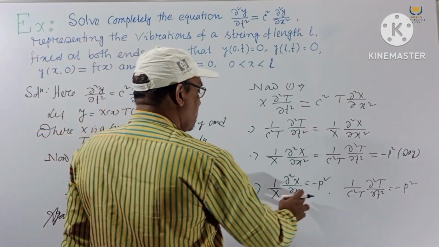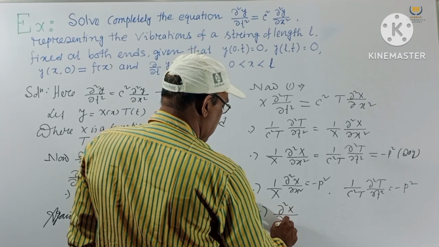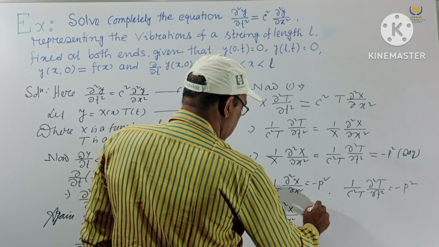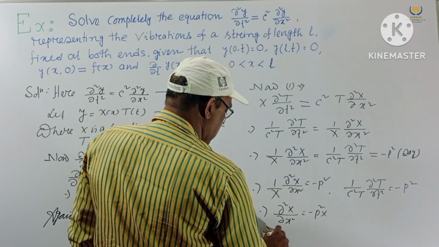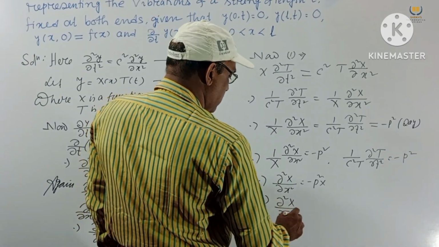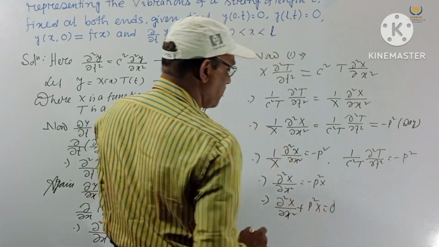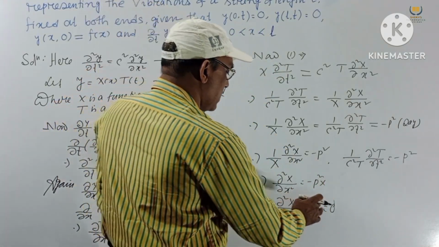Multiplying on the right hand side, ∂²X/∂x² minus p²X, taking this to the left hand side, ∂²X/∂x² + p²X = 0. We get this.